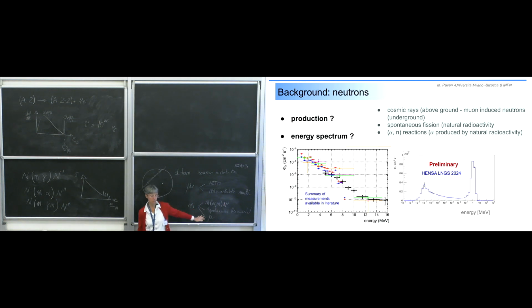When these neutrons interact with matter at the beginning, this cross-section, that is the inelastic cross-section, is very small. And so they lose energy only through elastic scattering.